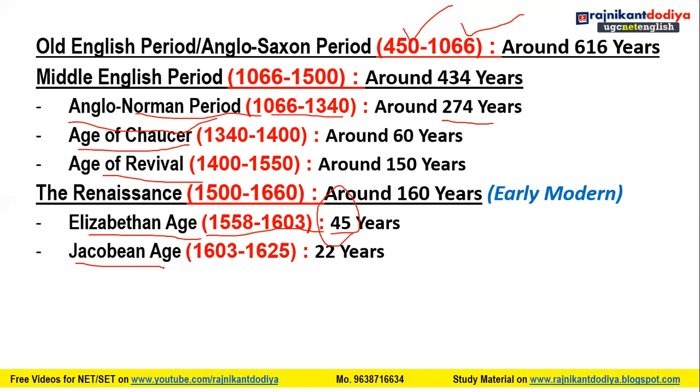And Shakespeare's tragedies and tragicomedies were published during this age. This age is also very fruitful after the Elizabethan age, because Shakespeare's works flourished too much. It is a very short period of time, 22 years only, from 1603 to 1625.